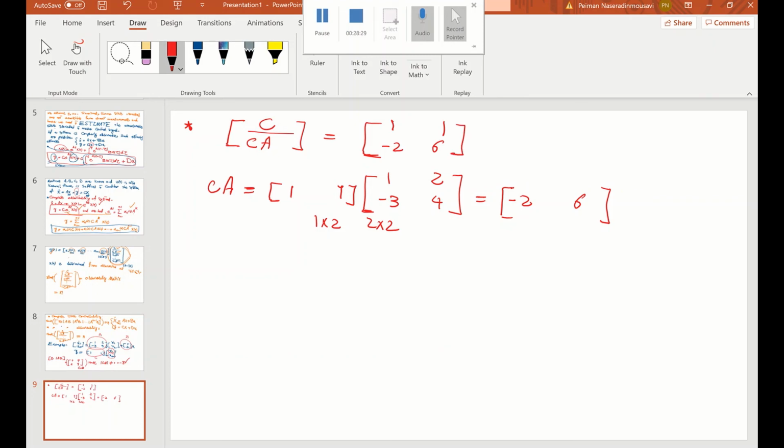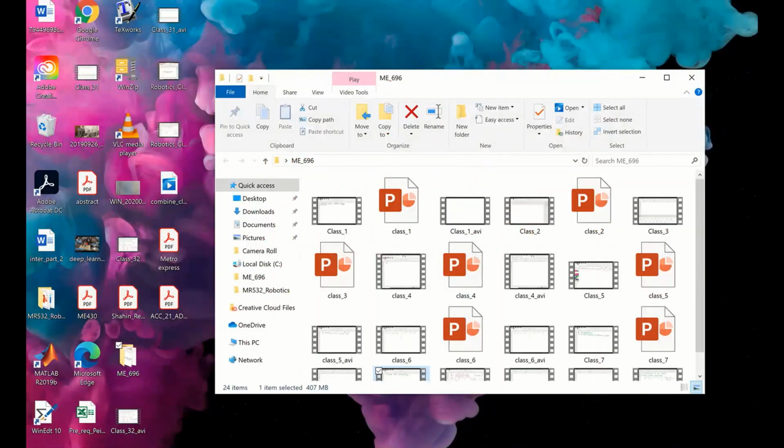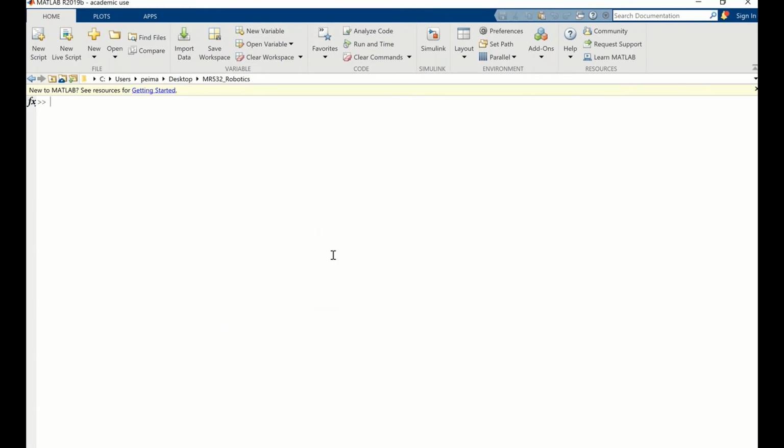But you can do this. For the observability matrix, there's a command in MATLAB, for the exam. You can say your C is [1 1], and your A was [1 2; minus 3 4]. So obsv of A and C, if I'm not wrong.